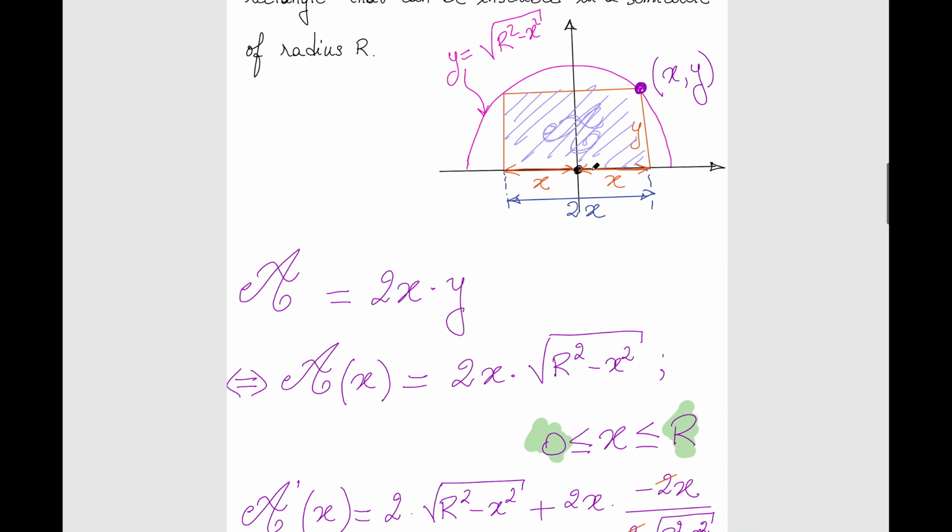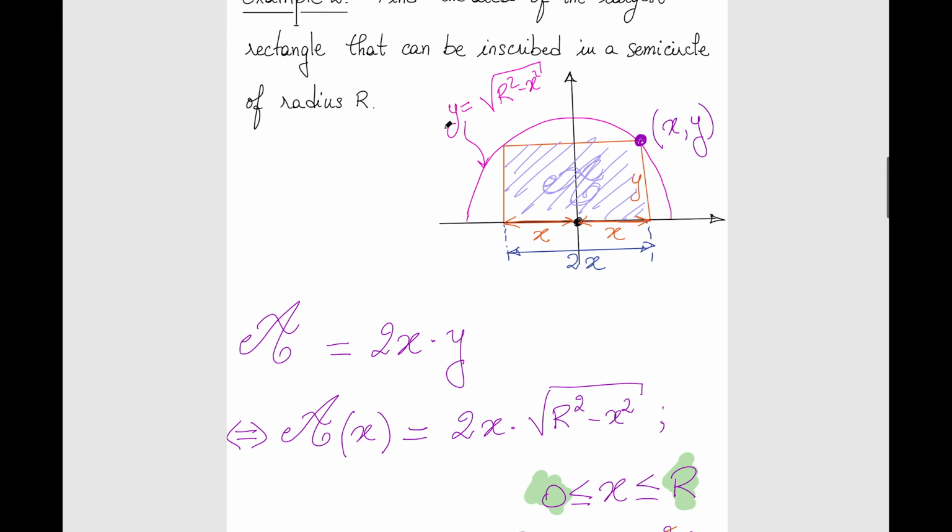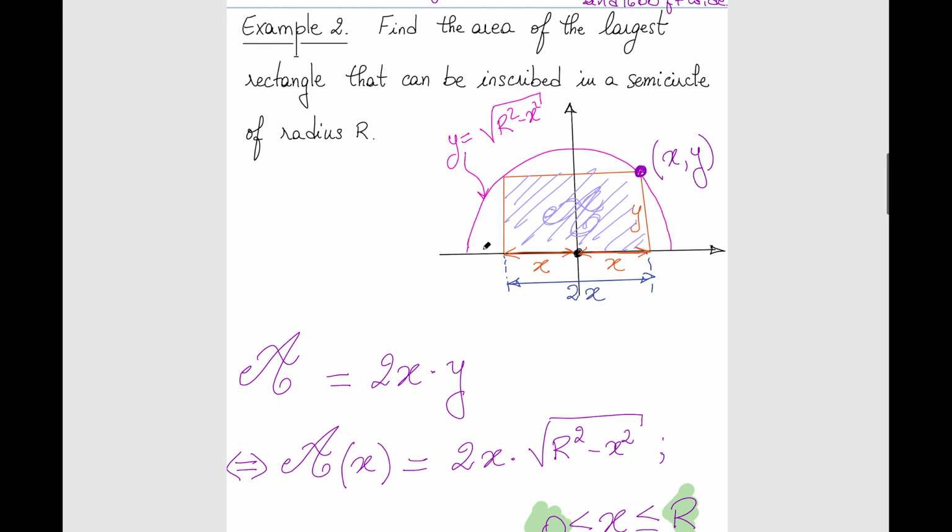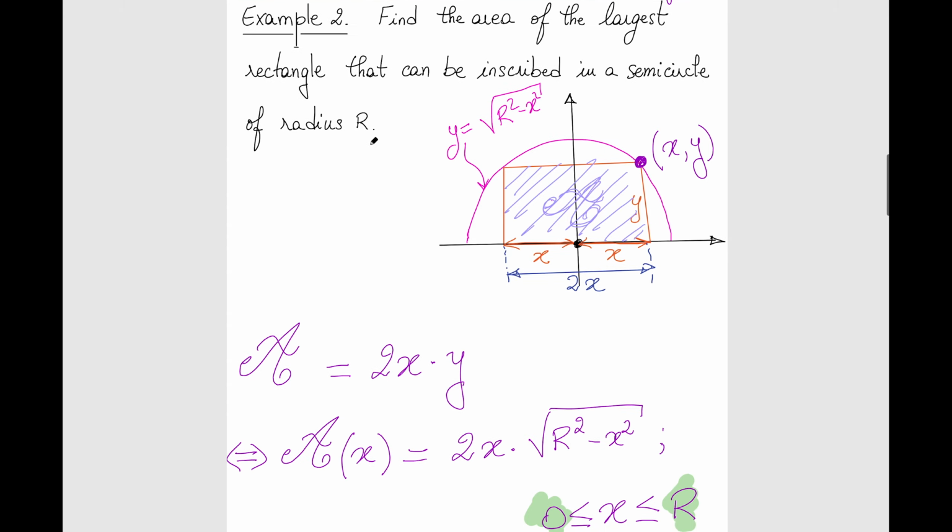This measure, whenever you take this measure to be r over square root of 2, and you let y be the square root of r squared minus x squared with that choice of x, create this rectangle, that's guaranteed to be the largest area that can be inscribed in such a semicircle with that radius, whatever that radius is. Make sense?